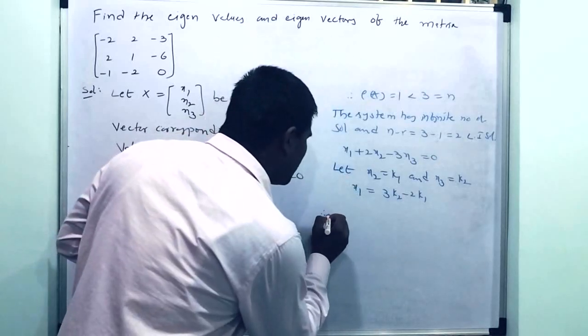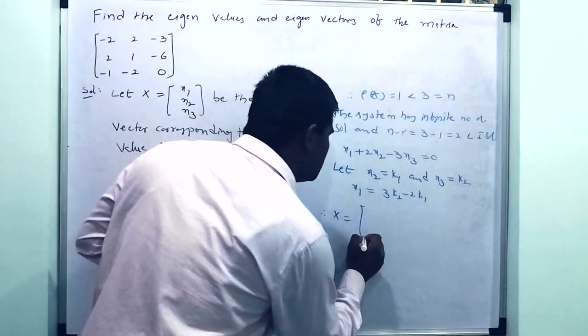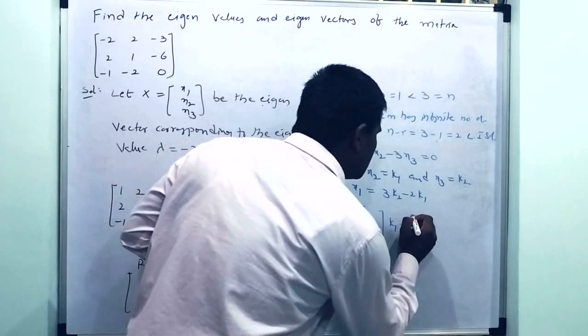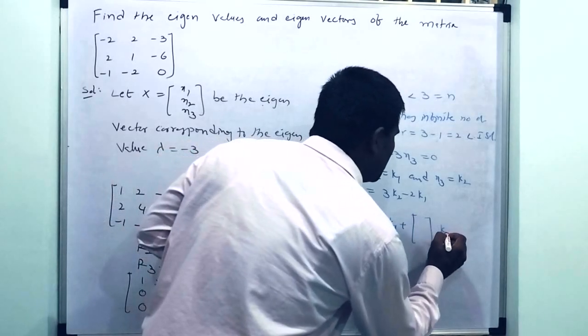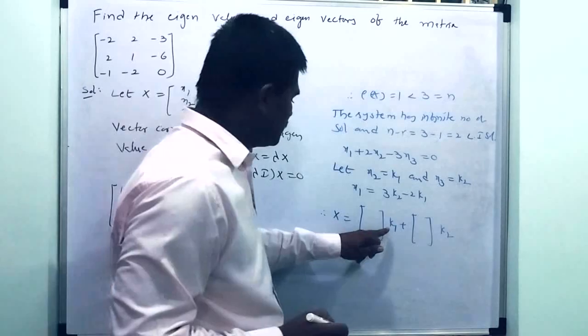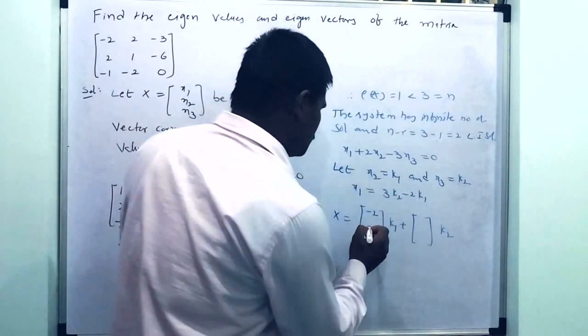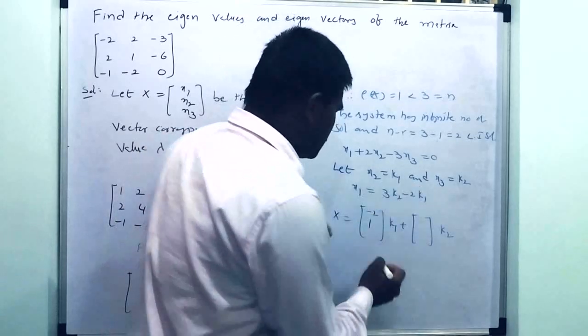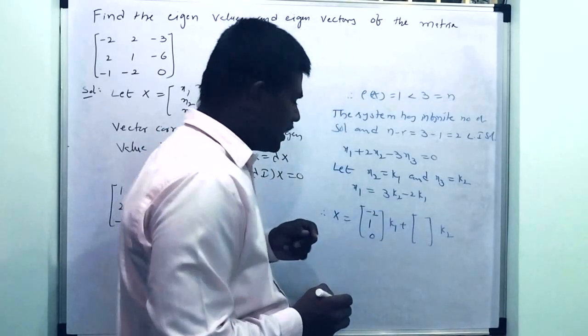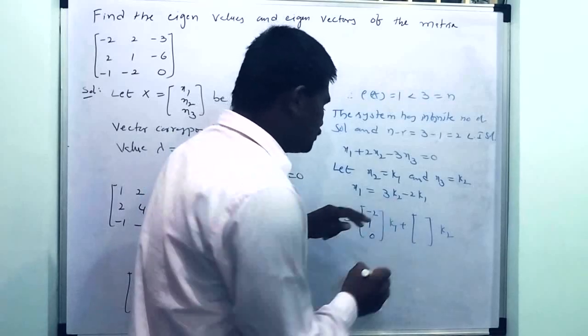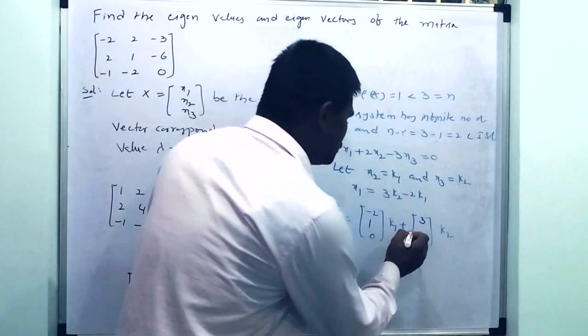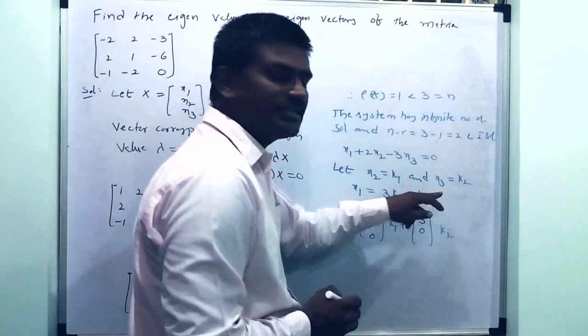Therefore, the eigenvectors can be written as something into k1 plus something into k2. That something is nothing but the k1 coefficient in x1, which is minus 2, and in x2 is 1, and in x3 there is nothing, so it is 0. And coming to the k2 coefficient in x1, which is 3, and in x2 there is nothing, which is 0, and in x3 it is 1.